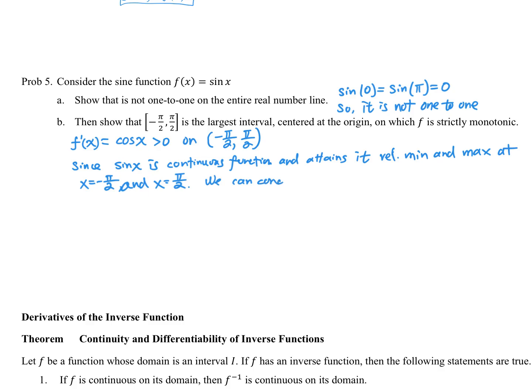So we can conclude sine x is strictly increasing on this closed interval. Okay. Therefore, any larger interval will not be strictly monotonic because this is the relative max. When you go beyond these points to the left, it will not be.